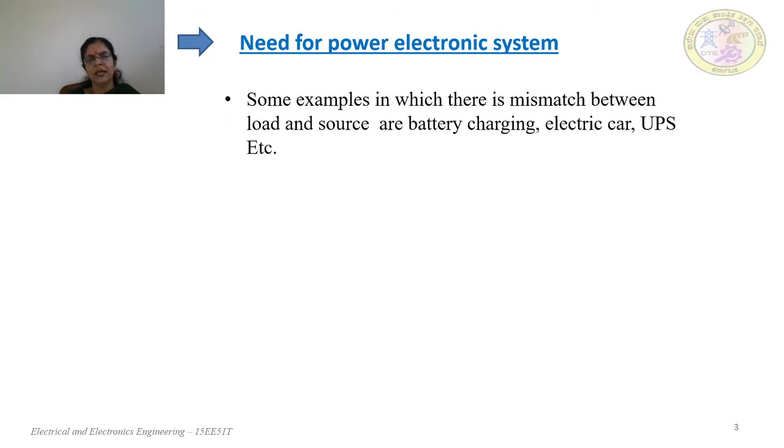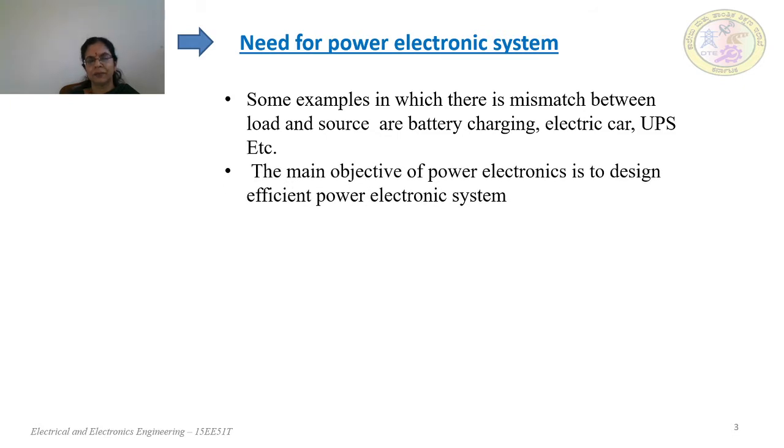In UPS, energy storage takes place in DC, but load requirement is AC. These are some of the examples in which there is mismatch between load and source. To make load compatible with the source, we require power electronic system.